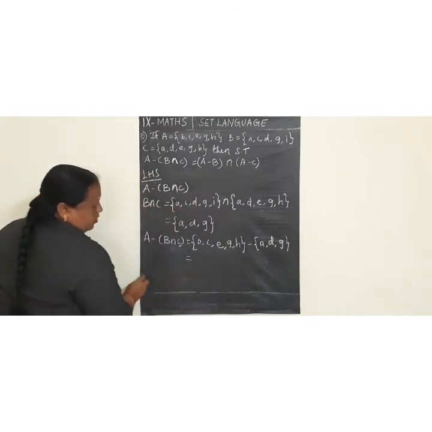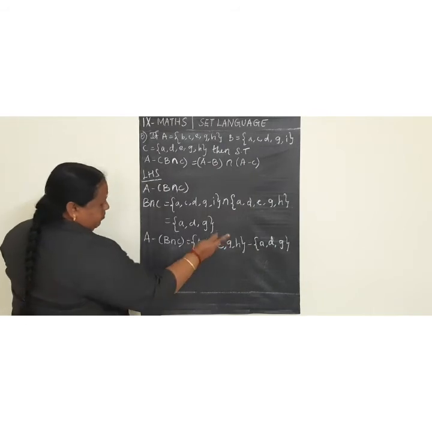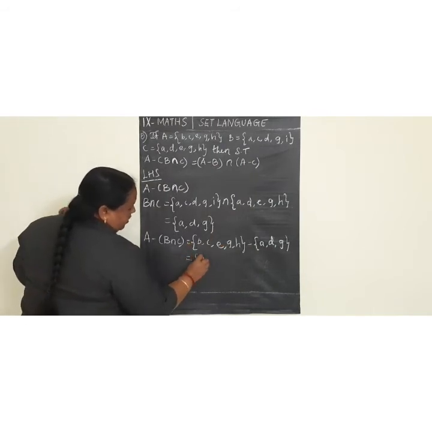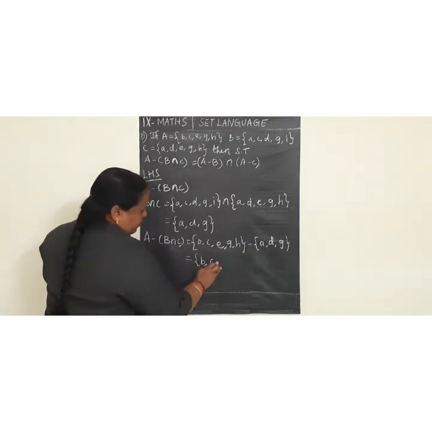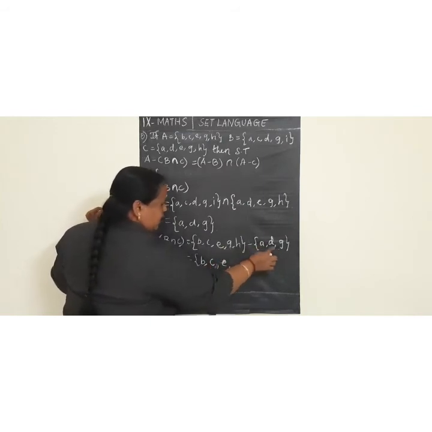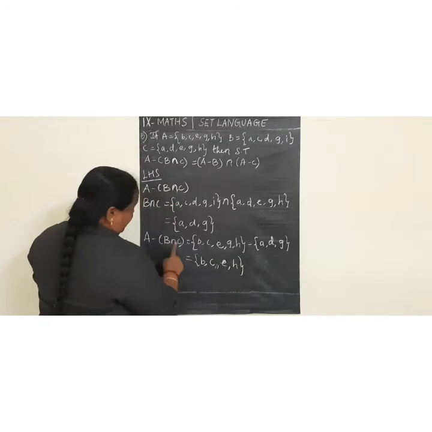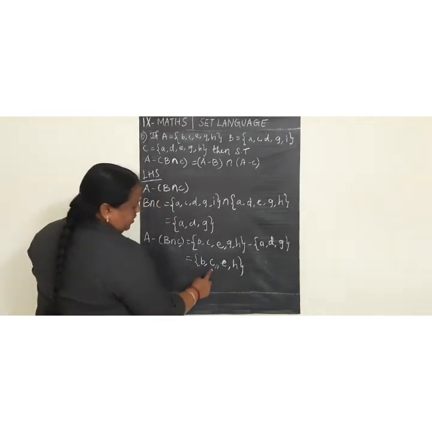The first element is B. B is not there in B intersection C, so we write B. Next element is C. C is also not there, so we write C. Next is E. E is also not there, so we write E. Next is G. G is there, so we won't write G. Next is H. H is not present there, so we write H. So A minus B intersection C is equal to B, C, E, H.